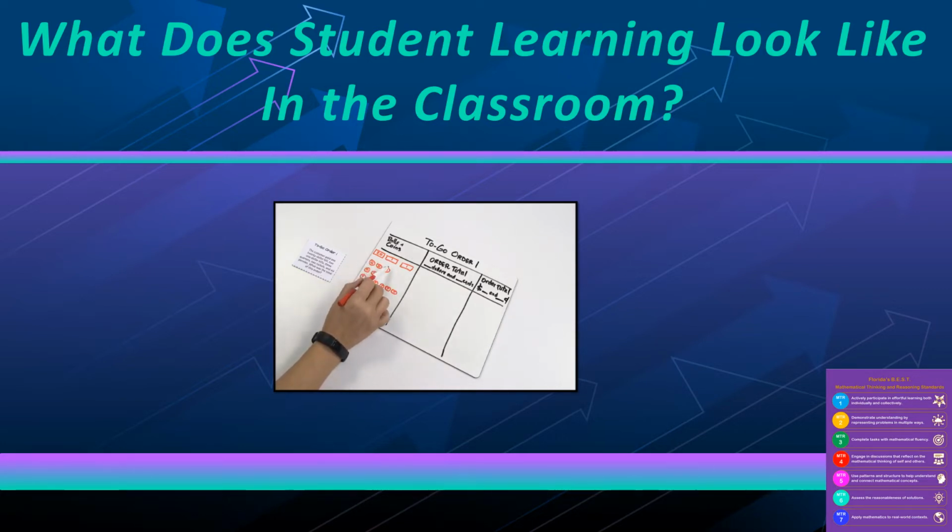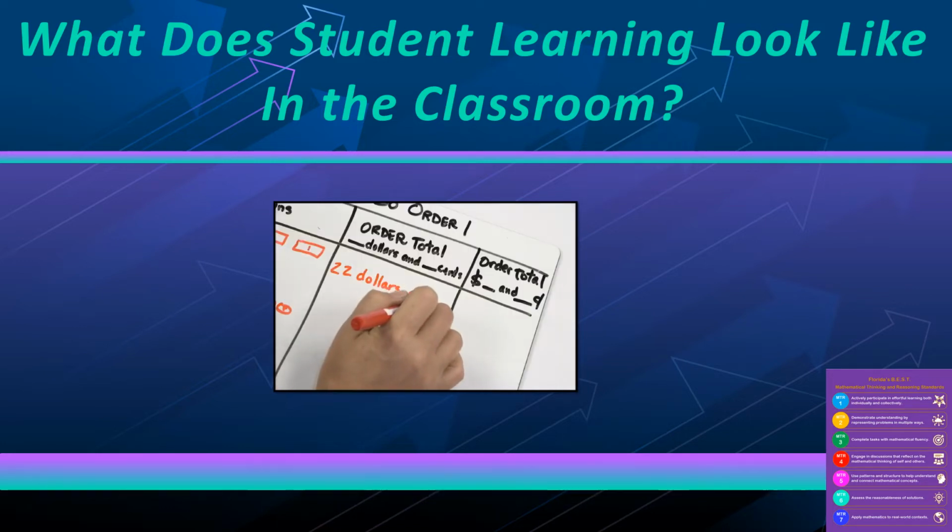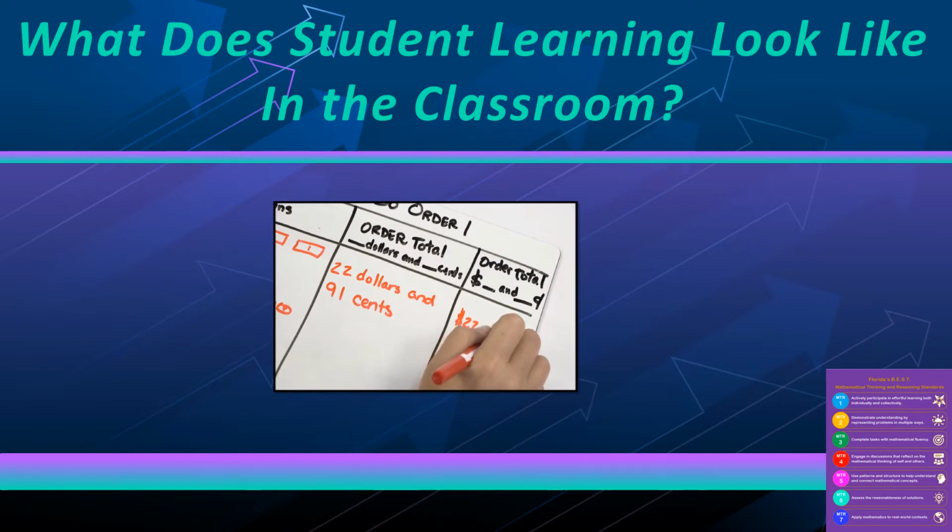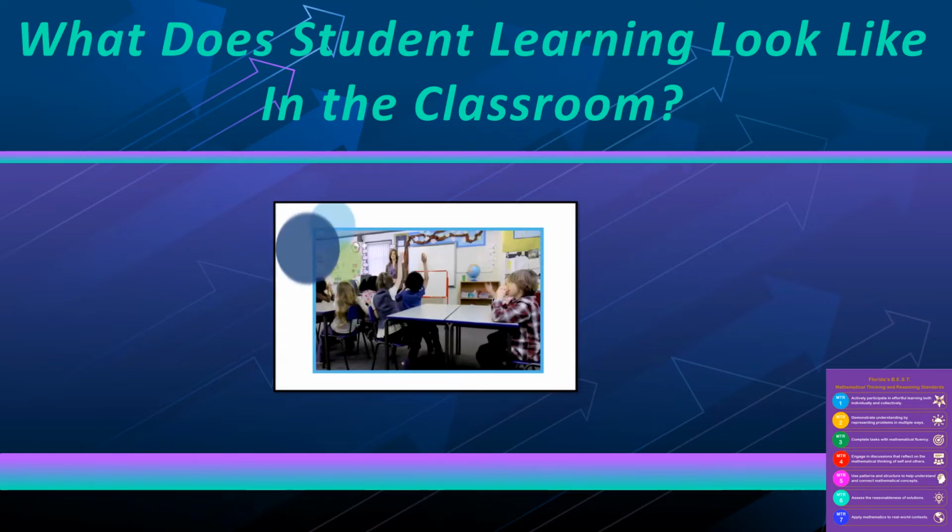As students become comfortable with the concrete representation, encourage them to transition to a pictorial representation of their work. Shown here is a quick pick of the bills and coins, but this is not the only strategy that could be used in this unit. Students should also be encouraged to transition to an abstract representation of their work.